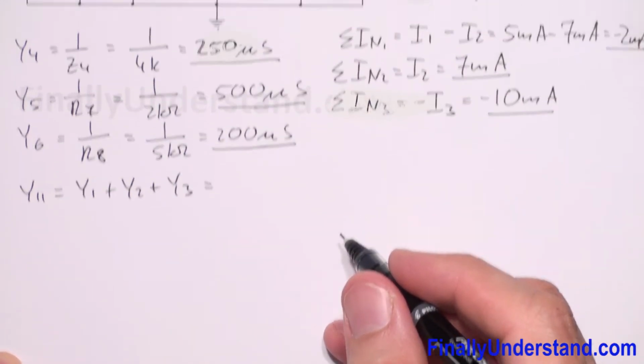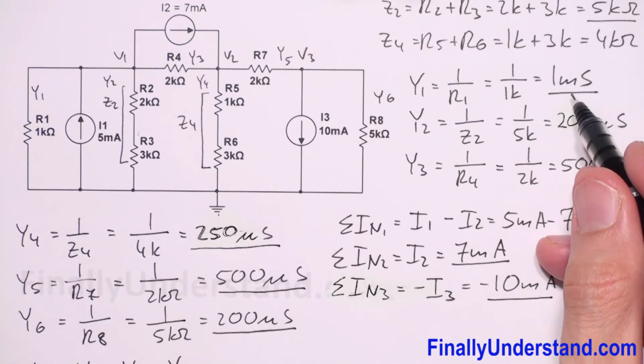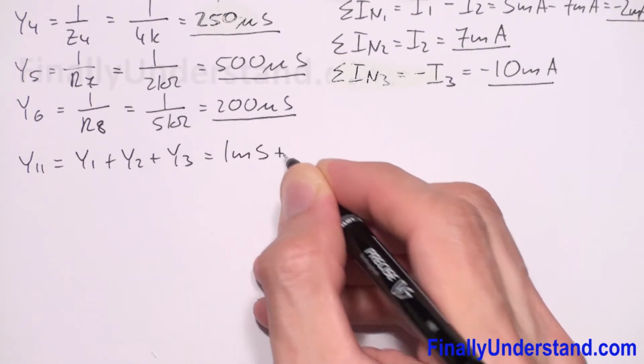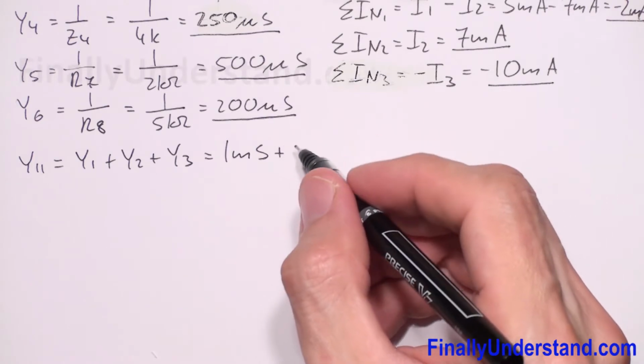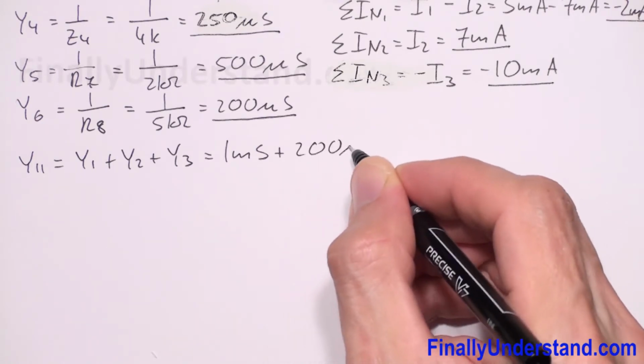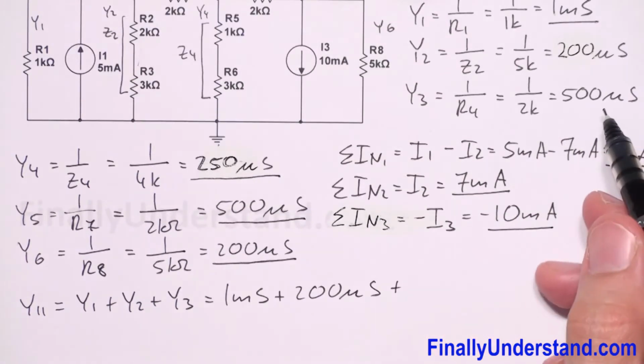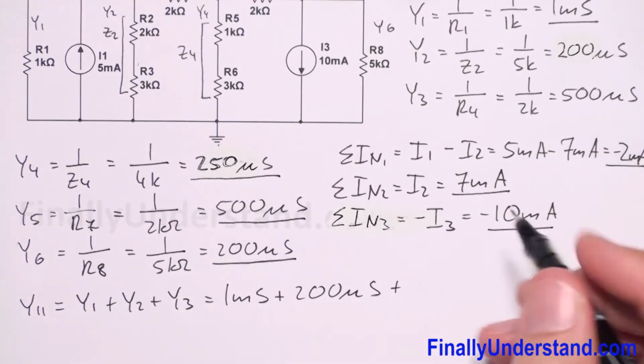Y1 we found is equal 1 millisiemens, so I have 1 millisiemens, plus Y2, which is equal 200 microsiemens, plus Y3, which is equal 500 microsiemens.